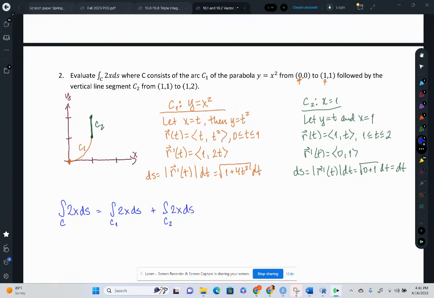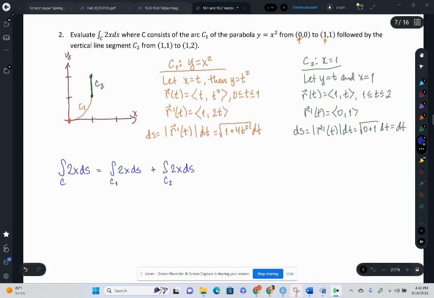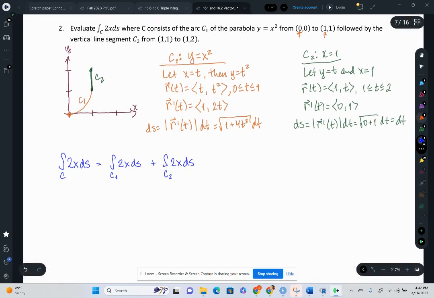And that means I need to take the parts from C1 and put them in the first integral, take the parts of C2 and put them in the second integral. Okay, so I'll do the color thing as well to make this a little more clear as to what gets what. So for the C1 integral, the bounds are 0 to 1.